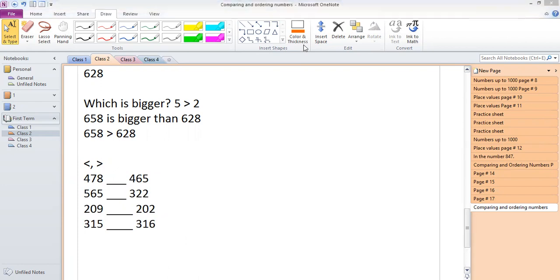Abdul Moeed, very good. Muhammad Ali, very good. Suleiman Al-Ugeli, very good. Yes, what about other students, guys? 478 is less than or greater than 465. Which sign should I write here? Omar Nizar, very good.